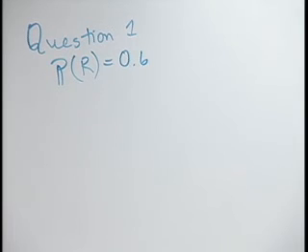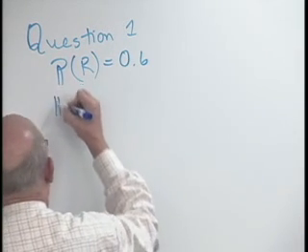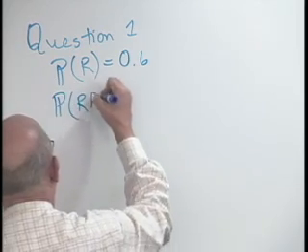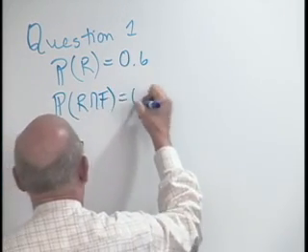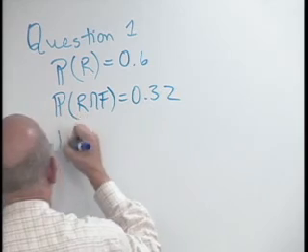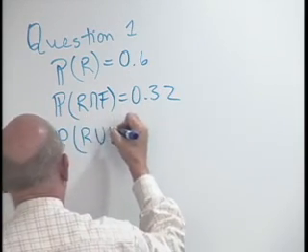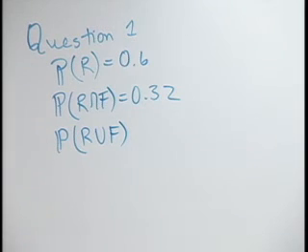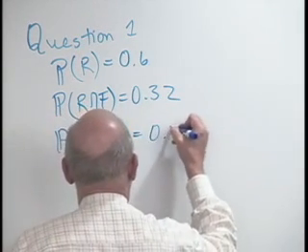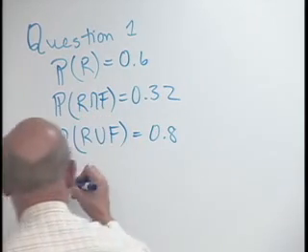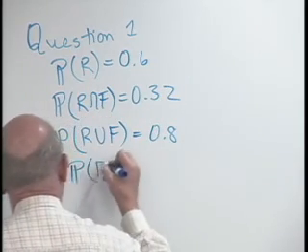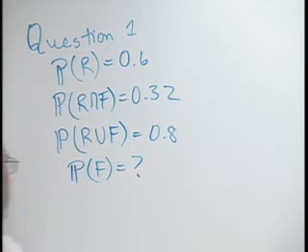The probability of getting a red face card is 0.32. That's the probability of R intersect F. And finally, the probability of getting a card that's either a red card or a face card is specified to be 0.8, and what you're supposed to figure out is the probability of a face card.